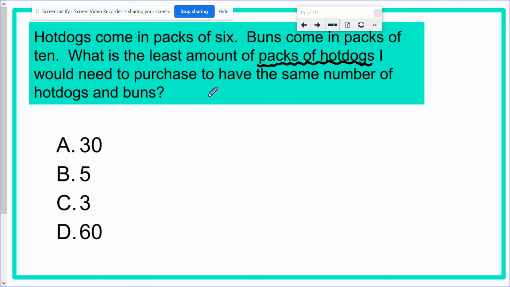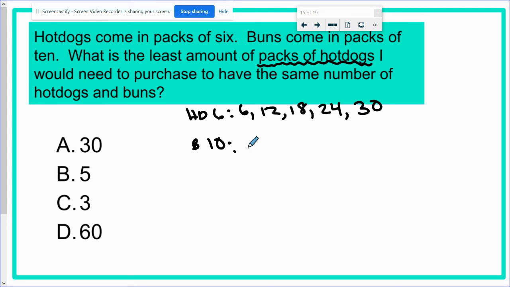All right. Hopefully you have decided that you're going to find the LCM of hot dogs, which is 6, and buns, which is 10. 6, 12, 18, 24, 30. And I'm actually going to stop there because I know that 30 is a multiple of 10. 10, 20, 30.